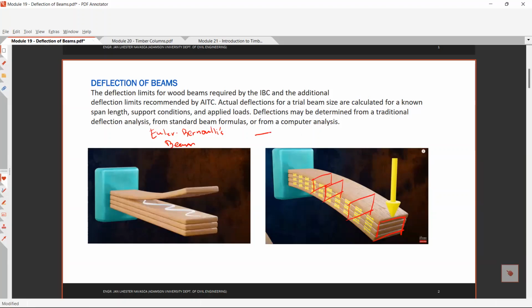However, there is a counterpart, the Timoshenko beam.